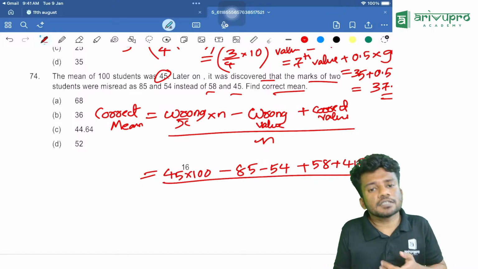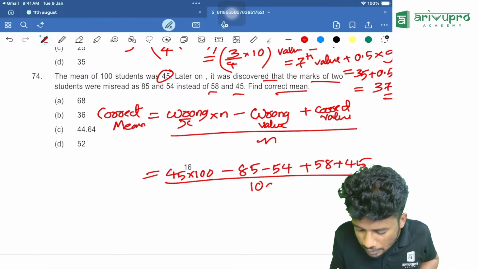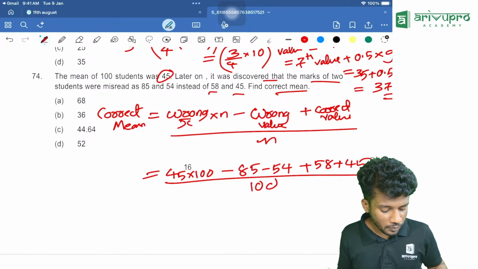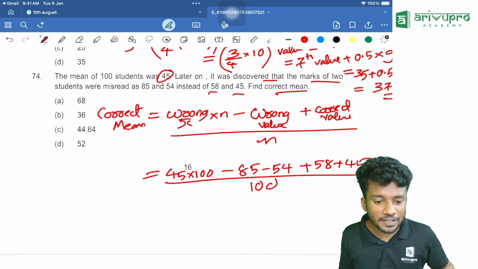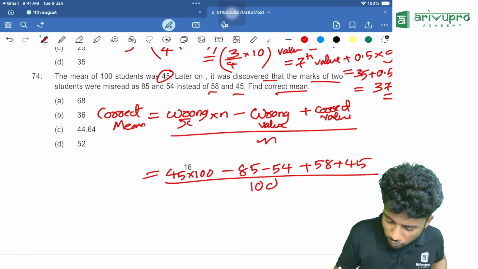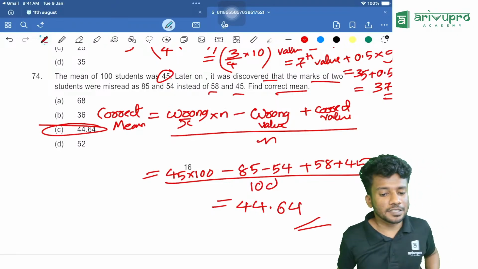The entire thing is divided by 100. So (45 into 100 minus 85 minus 54 plus 58 plus 45) divided by 100 is equal to 44.64. Answer is option C.